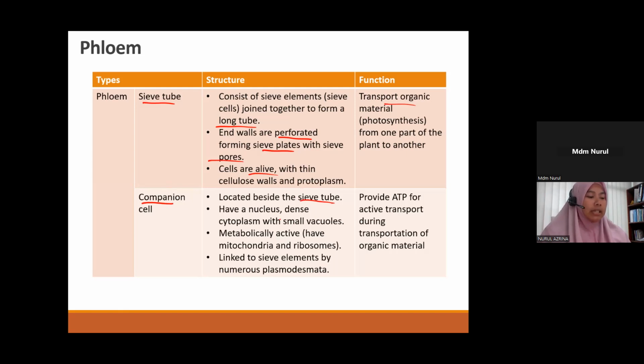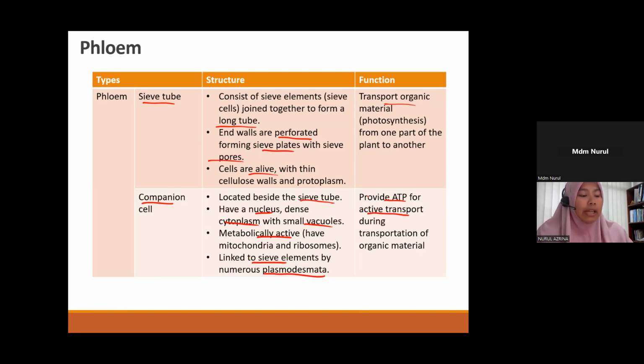As for the companion cell, it is located beside the sieve tube. It has a nucleus, then cytoplasm with a small vacuole, and it serves both the companion cell and the sieve tube. It is metabolically active because it has ribosomes, and it links to the sieve tube element via plasmodesmata. The function of the companion cell is to provide ATP for the active transport of sugar.